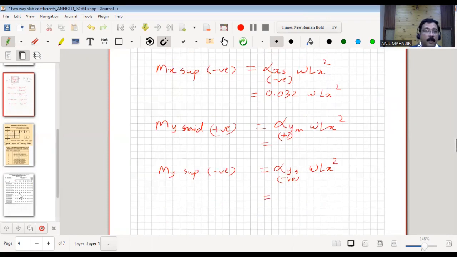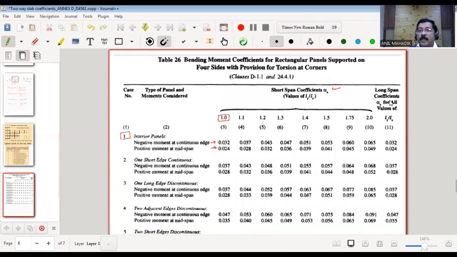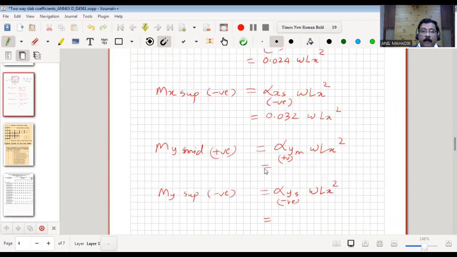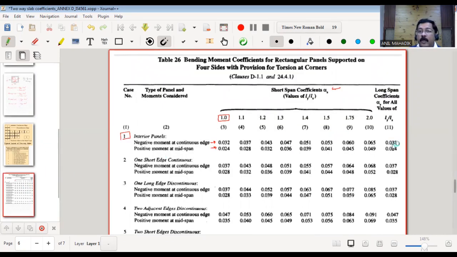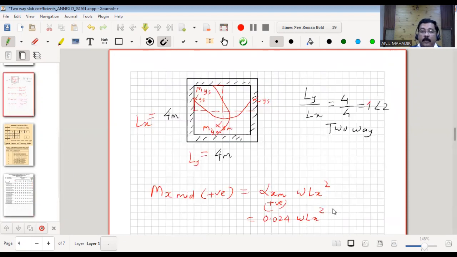Y is long span. So here you will see long span coefficients. Alpha y. So first is positive. Positive value is here 0.024. So it will be 0.024 W Lx square, and again negative value is 0.032, negative moment. 0.032.